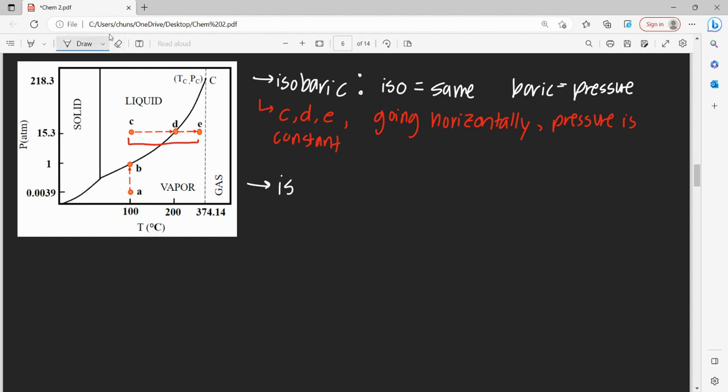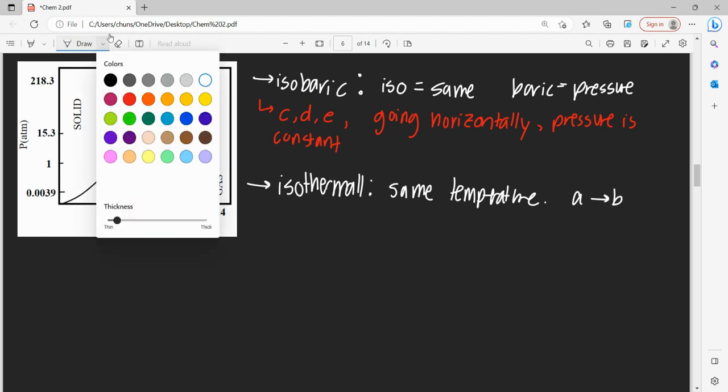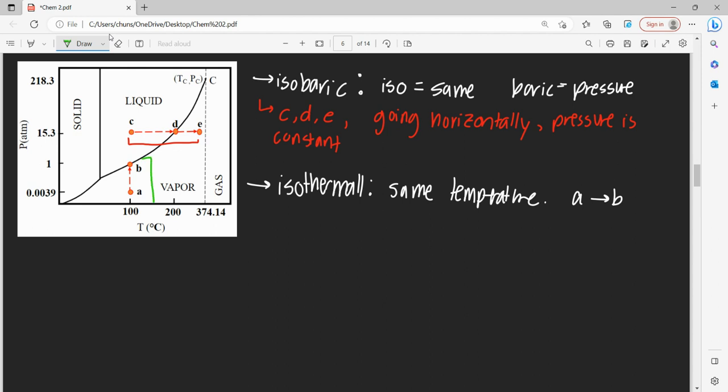So isothermally: an isothermal process means same temperature. So this is plots A to B. And this is the process that we're going to use in order to find our PV diagrams, and I'll explain why.